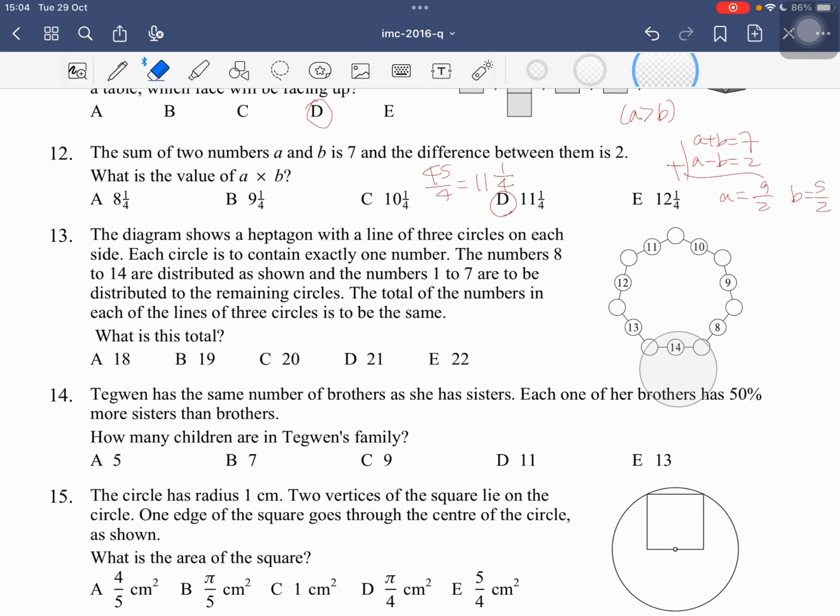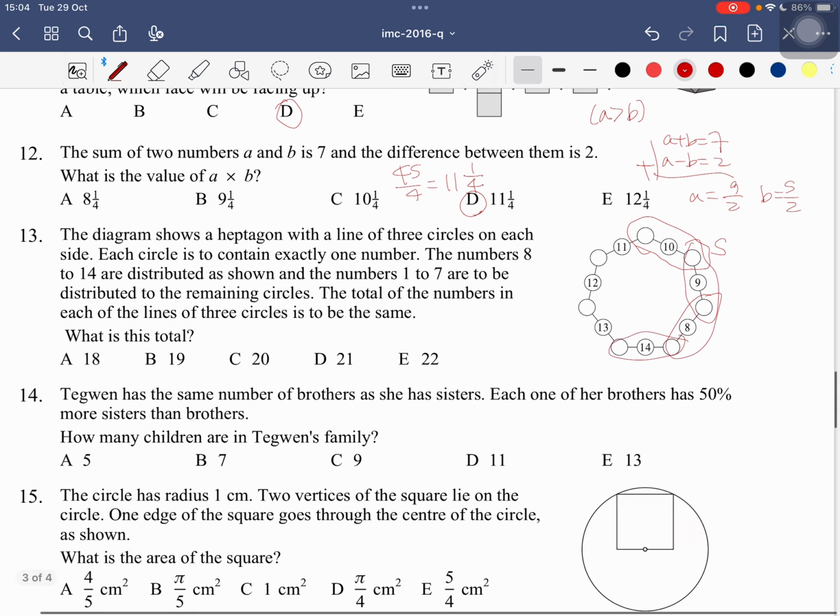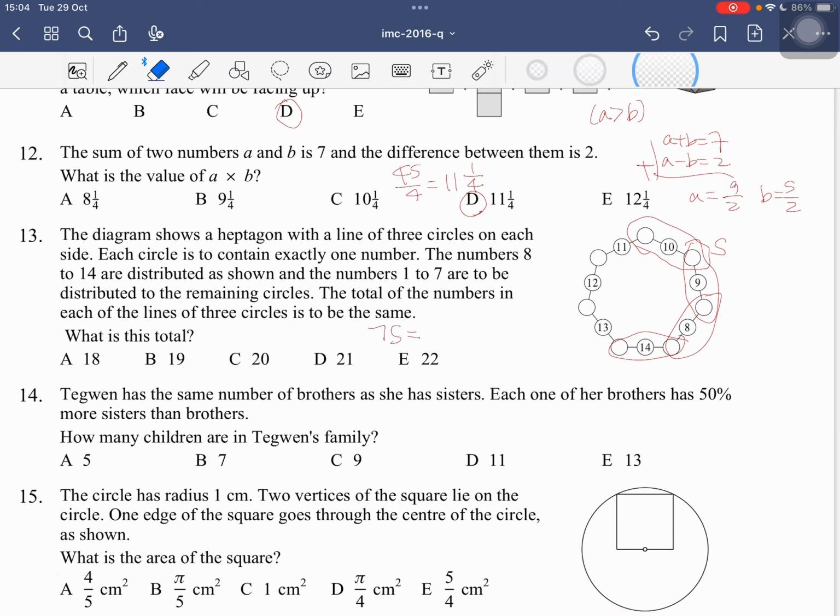So let's say the sum of one line is S. Then if we make 7S, whatever it is from 1 to 7, they are used twice.